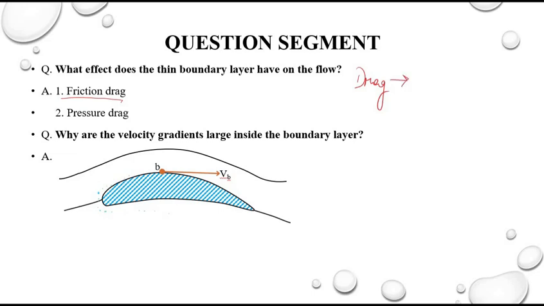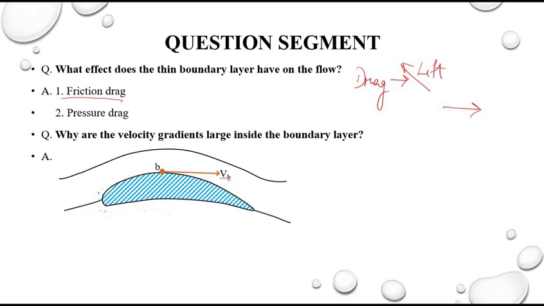Drag is the force which is opposite to lift. For an aircraft, if lift is the force which takes it up, drag is the force dragging it behind. In simple terms, drag is a force resisting the aircraft's flight, trying to pull it a little behind.